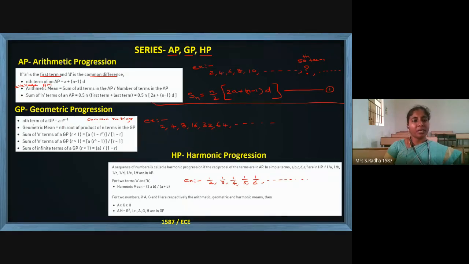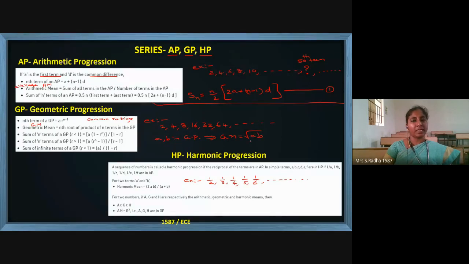Coming to geometric mean, it is the nth root of the product of n terms. If a and b are two numbers in geometric progression and you want the geometric mean, it is square root of ab.